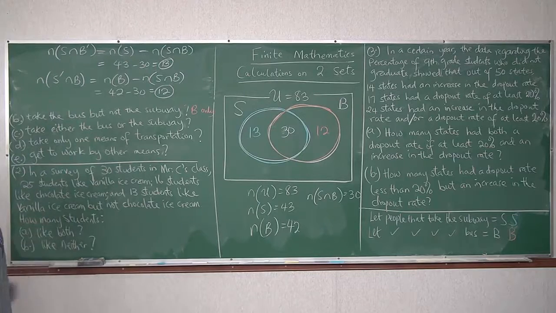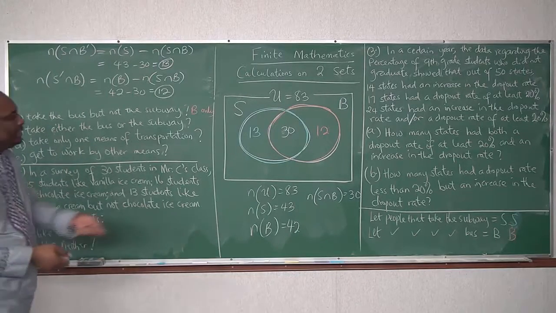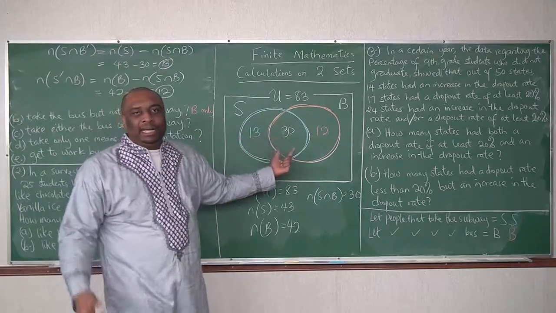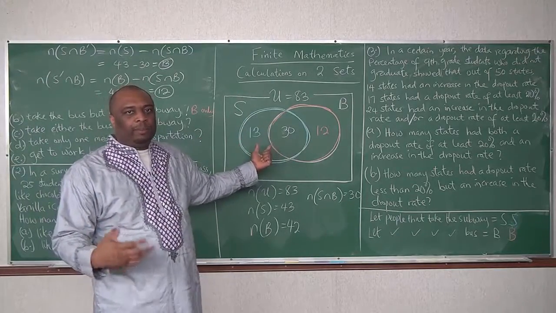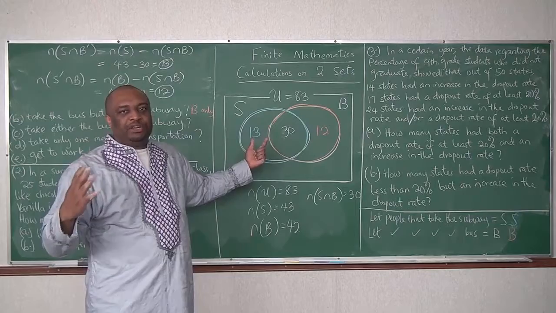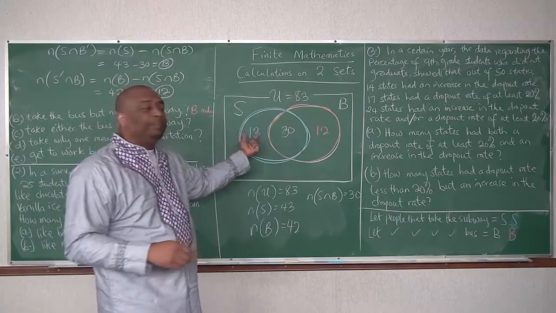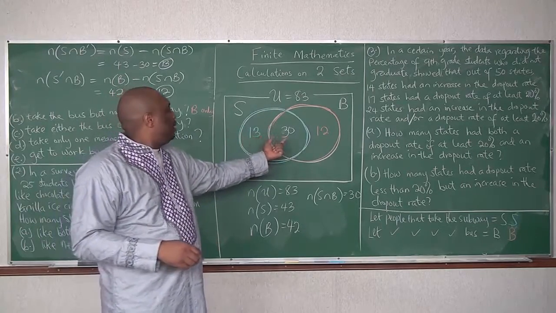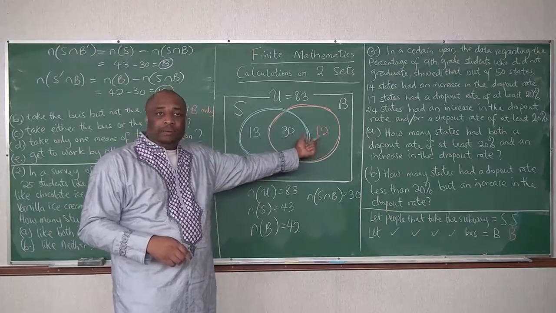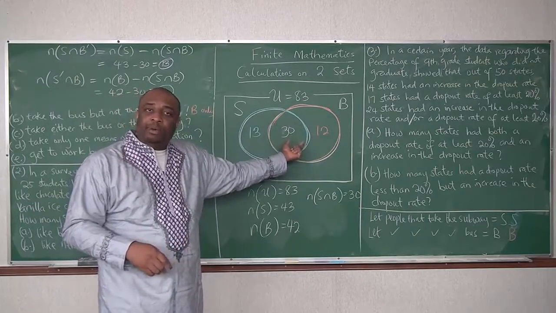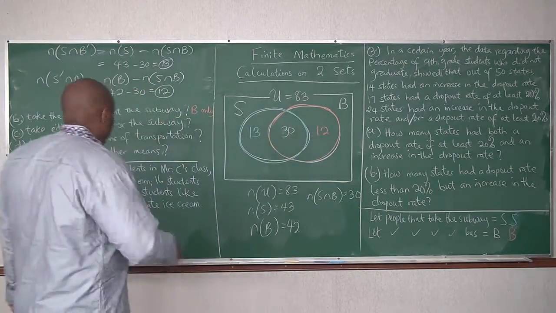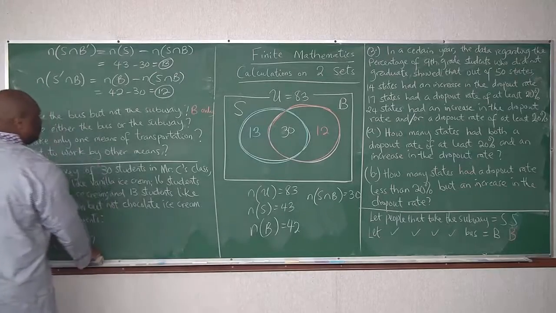Now C, take either the bus or the subway. So when we look at either the bus or the subway, remember the definition of union. It could be subway only, or it could be bus only, or it could be subway and bus. That is what it means, either.